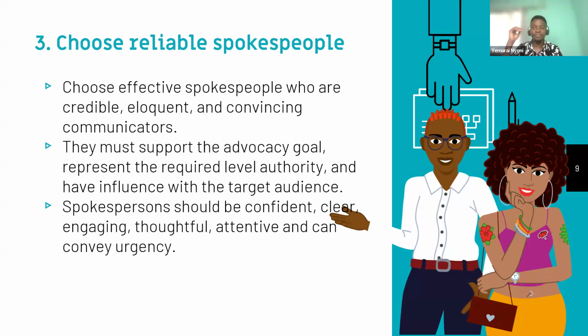They work together. So choose effective spokespeople who are credible, eloquent, and convincing communicators, whether it's online or in person. Make sure that the person who's handling the message development and message delivery is credible, eloquent, and can convince the target audience.